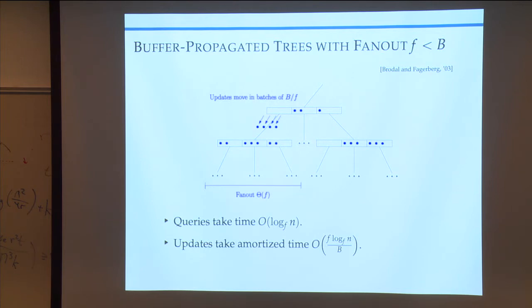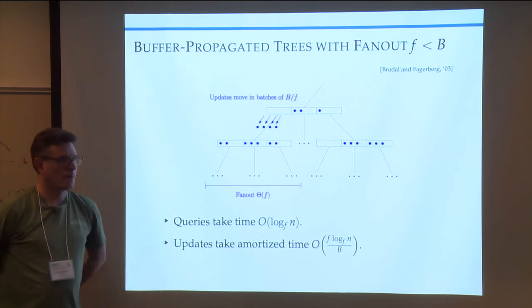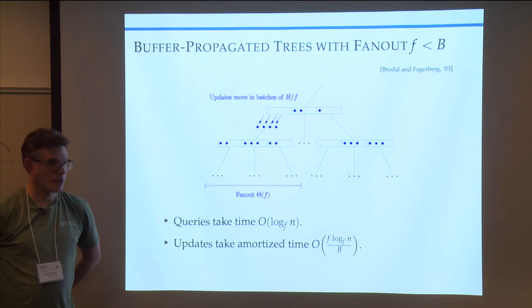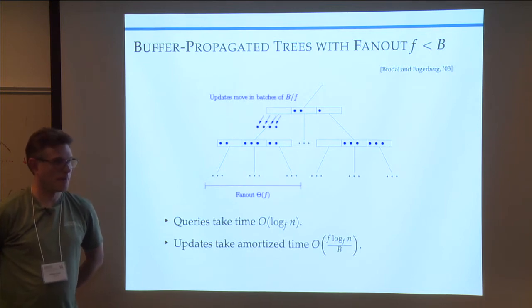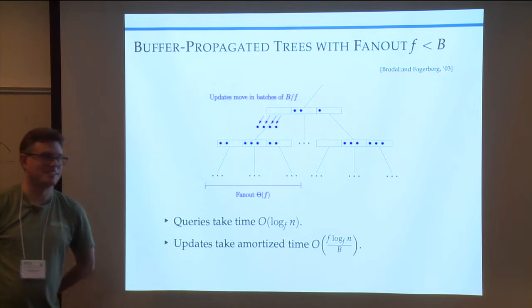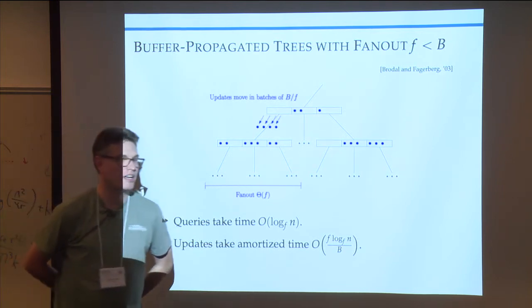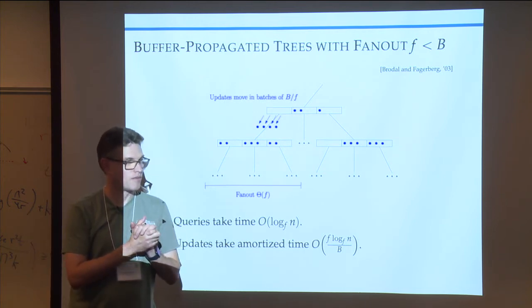Okay, could I just please ask: for the queries, am I right that if you check the first time you see a key value, that's the latest one? Very nice. That's right. The first time you see a key value, that's the one you're looking for.